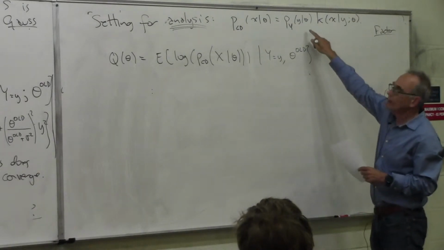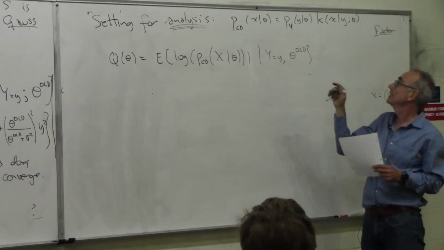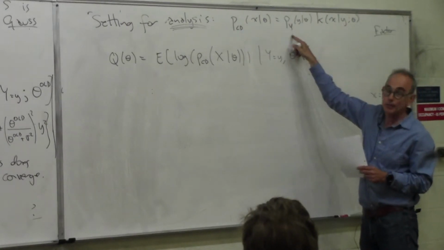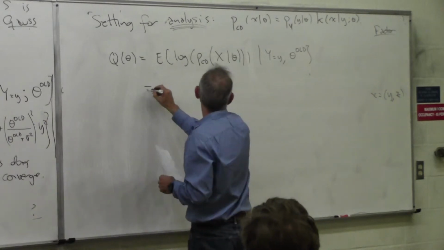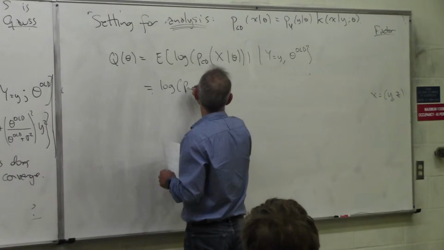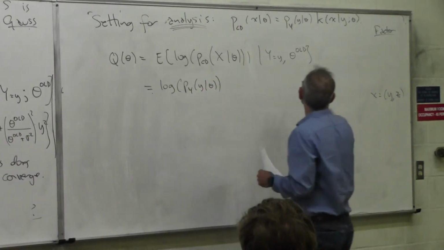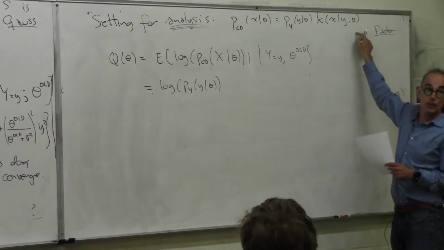So I use the factorization, which I can always do, and the log of a product is the sum of the logs. And this thing here doesn't depend on anything. And then you have the log of this funky thing here.